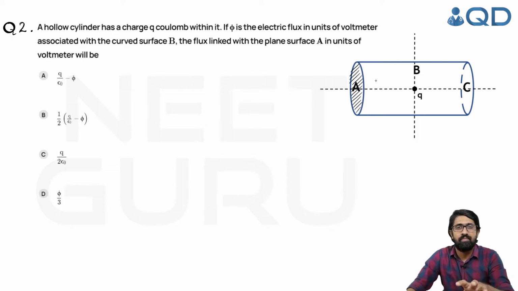And we know that the electric flux passing through the curved surface B is simply phi. So I can say that phi B is equal to phi.